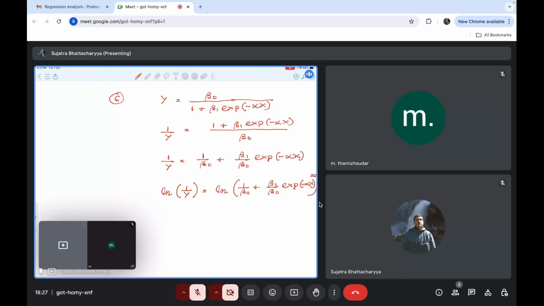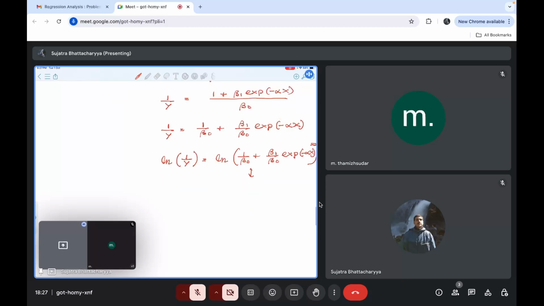Log of a plus b cannot be written as log a plus log b. So this cannot be done. At least we cannot linearize this. Therefore, we have to stop here and say no: if you take log to remove this exponential function and make it linear, you cannot use log or any other means.